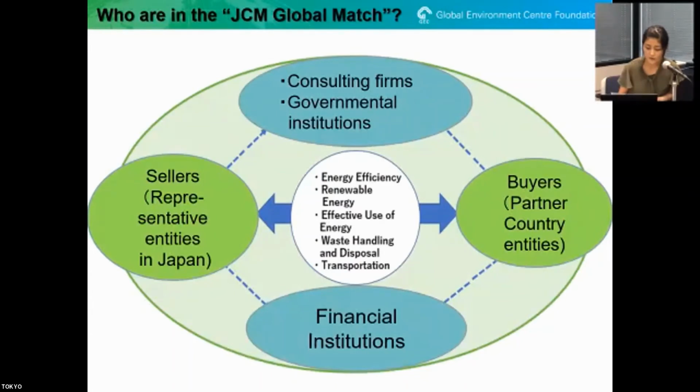A buyer of a leading low-carbon technology could be connected with a seller, a consulting firm, or a financial institution automatically based on the registered information and preferences. And matching the other way is also available. You can sign up for this website and take advantage of the information there free of charge.